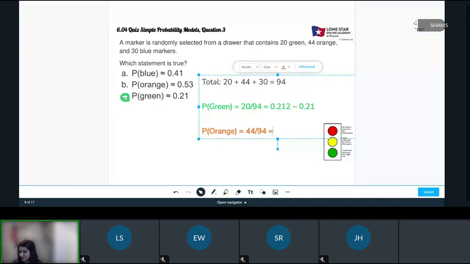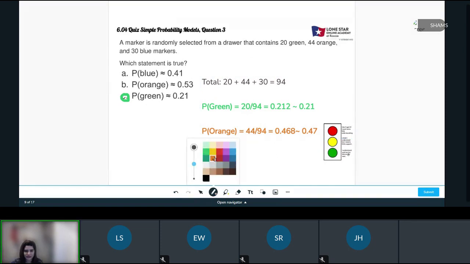What do you get? Glendy also got C, yeah? It's going to be 0.468, or you can say 0.47 because you round up. So for orange, that didn't seem to be the answer. They're saying 53. Same for blue, did not work.